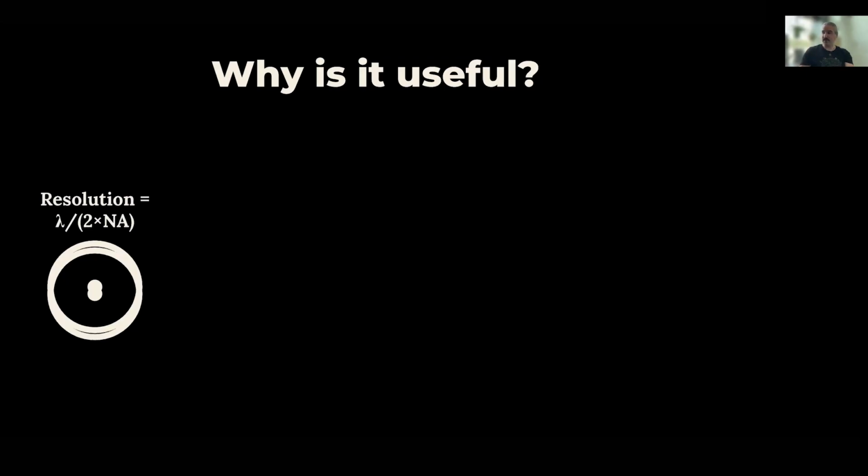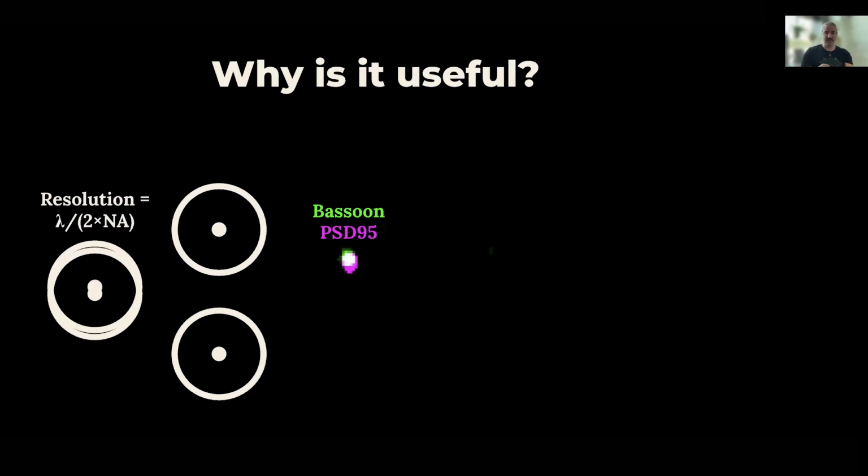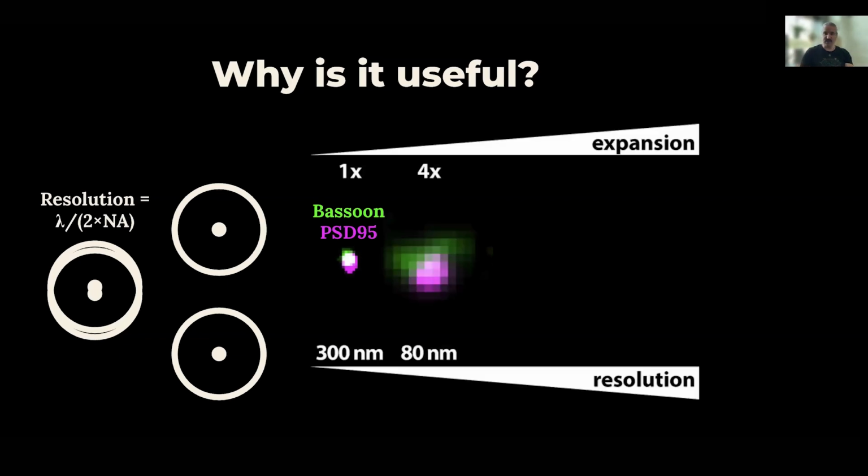So the problem then, of course, becomes if you have two different structures, in this case, bassoon, a presynaptic protein, and PSD95, a postsynaptic protein, they're very close together. You can hardly tell them apart. And this is where expansion microscopy comes in. The simple idea is you just separate these fluorophores until they are far enough apart that you can resolve them. And this indeed is what happens.